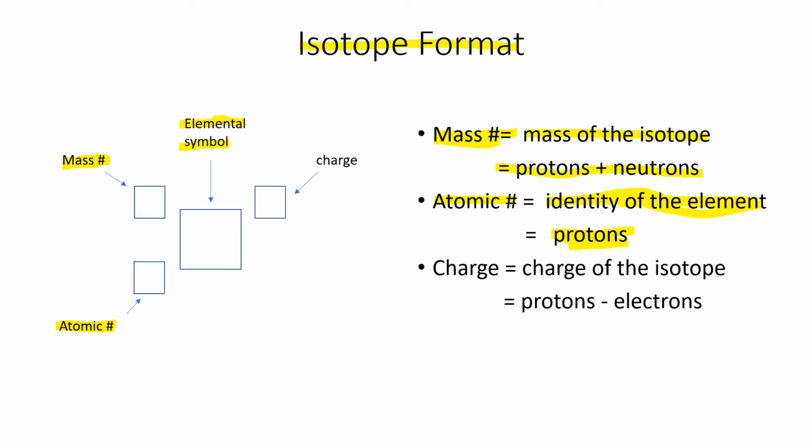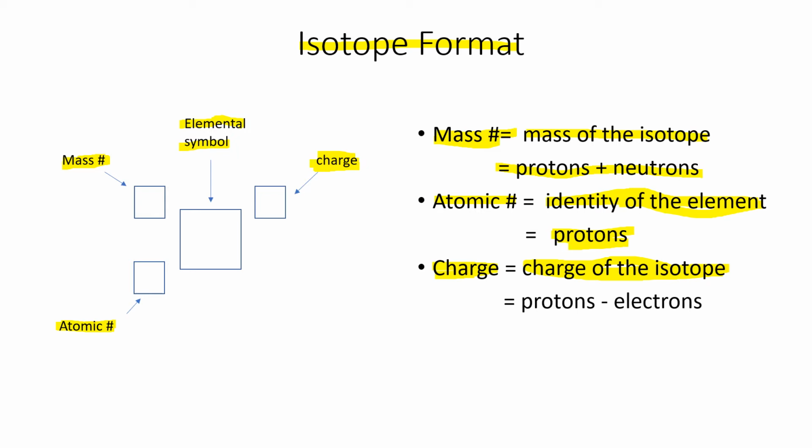In the upper right-hand corner, something that you will sometimes see is a charge number. So for charge, kind of getting at what it's actually hinting it's getting at, this is the charge of the isotope. So what is that charge of the isotope? Now, atoms always start as neutral, as having the same number of protons and electrons.